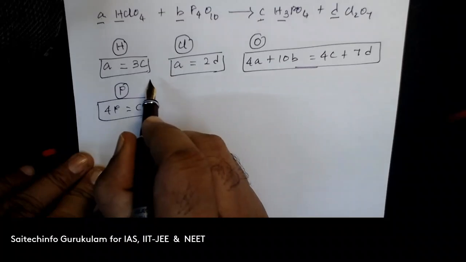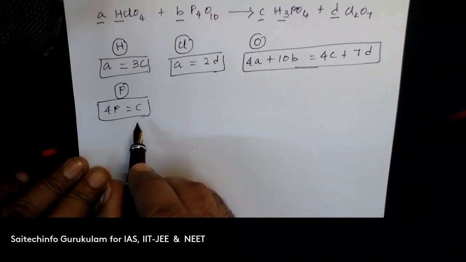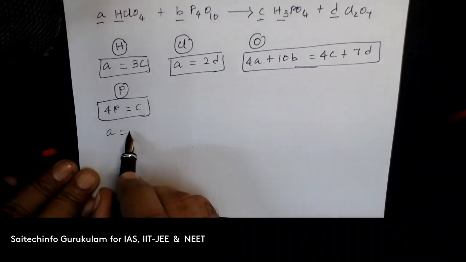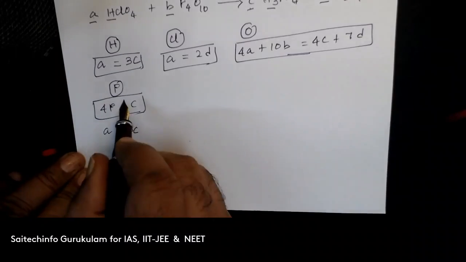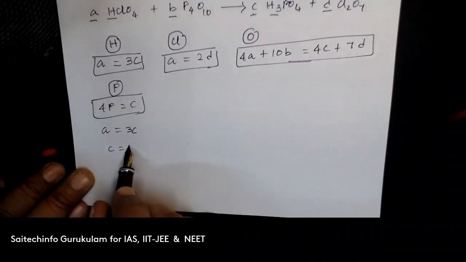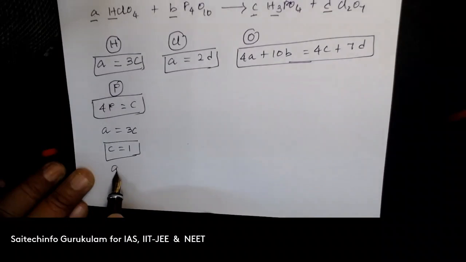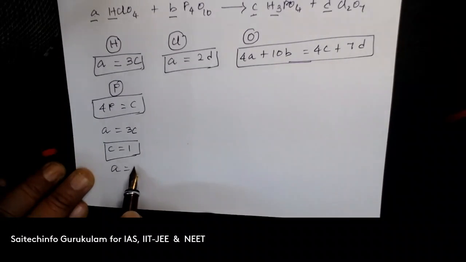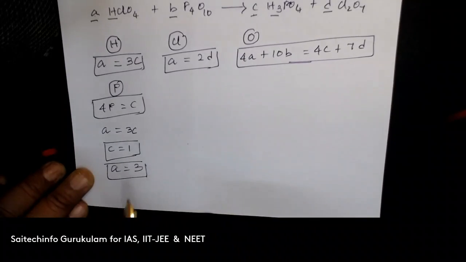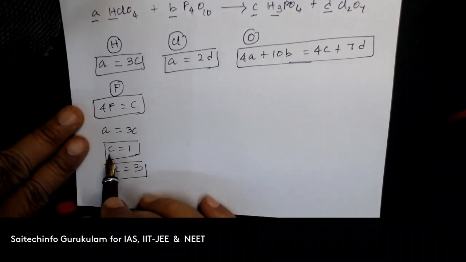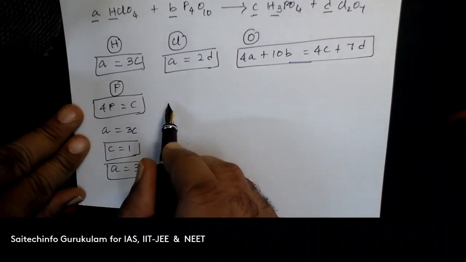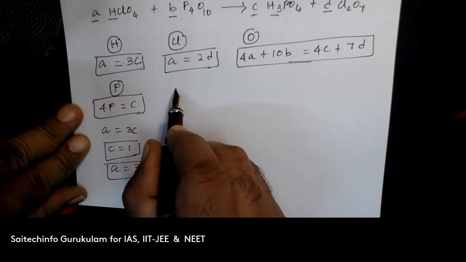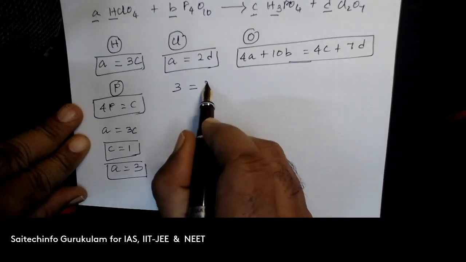Now let us consider the first equation: A is equal to 3C. Let me assume that C is 1. In that case, A is equal to 3 into 1, that is 3. Now you have A and C, and based on that you can find D. Substituting A is equal to 3 here, 3 is equal to 2D.